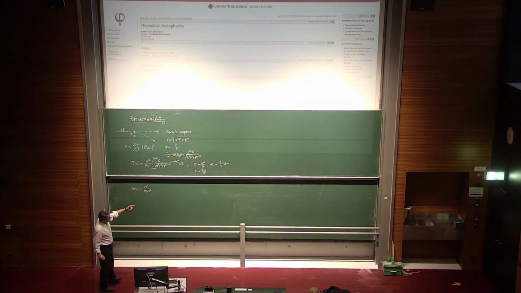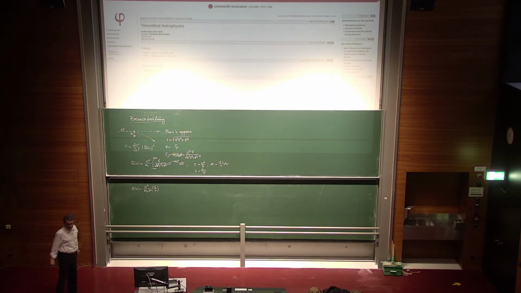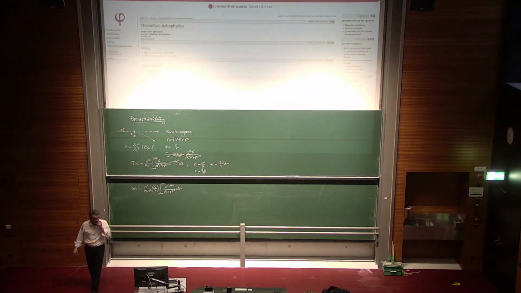Then I will have a factor of b over v from the transformation of the integration variable. And I will have an integral of e to the minus i z tau divided by square root of 1 plus tau squared to the power of 3, integrated over d tau from minus infinity to plus infinity.